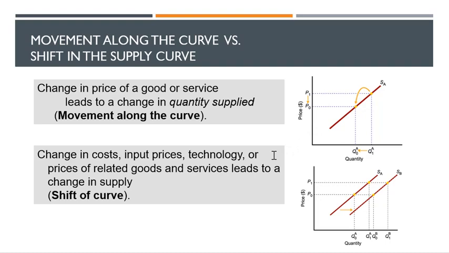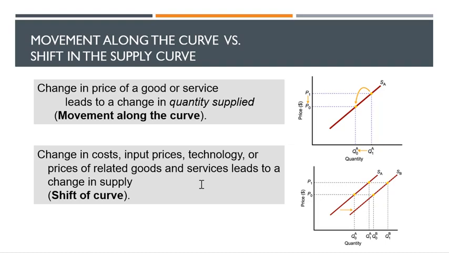However, when factors other than price change, just like the demand schedule, we can observe a shift in the supply curve. So say, for example, input cost, which is one of the major determinants of supply. If input cost increases, that means the cost of production will increase. Therefore, suppliers will feel discouraged to supply more.